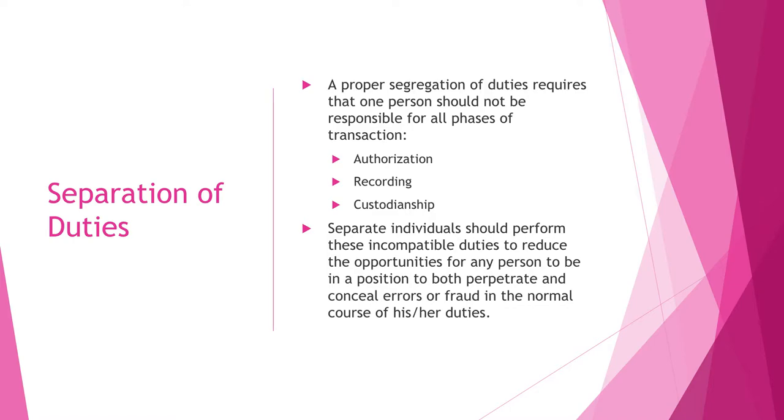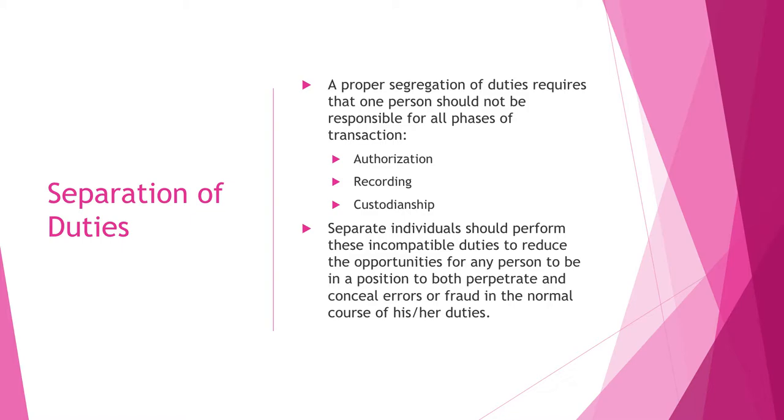Because of the system of separation of duties, if the record does not match whatever is in custody, there is a way for you to check, because remember, internal control is designed in order to detect errors or fraud in the normal course of the operation of the business.